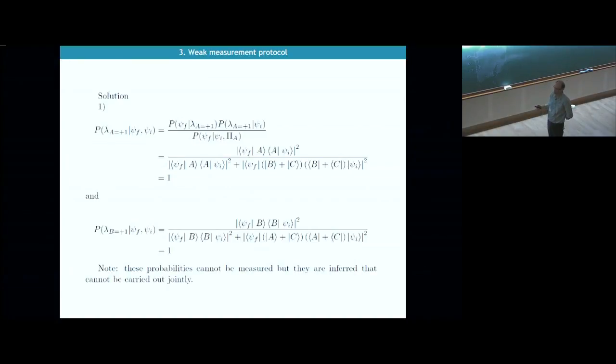So this is the probability of obtaining psi f when I start from psi I and I make any possible measurement. This is why I have a sum here.